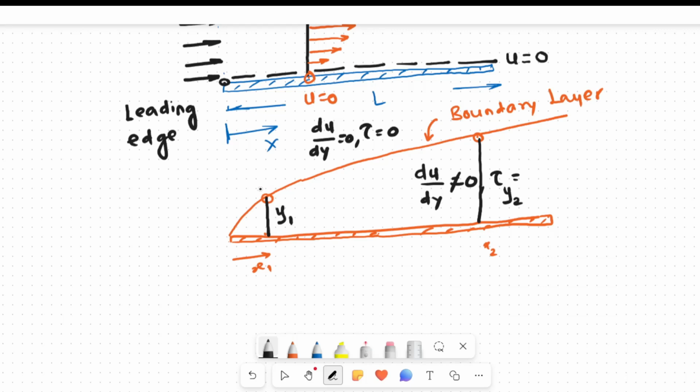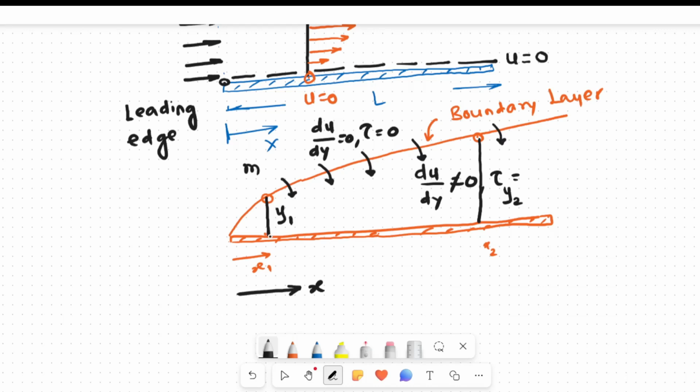So what is happening, as we go on increasing the value of x in the boundary layer, more fluid is added from the outside of the boundary layer. So the thickness of the boundary layer is going on increasing. So we can say this m quantity of the fluid is being added inside the boundary layer as we go on increasing the value of x.